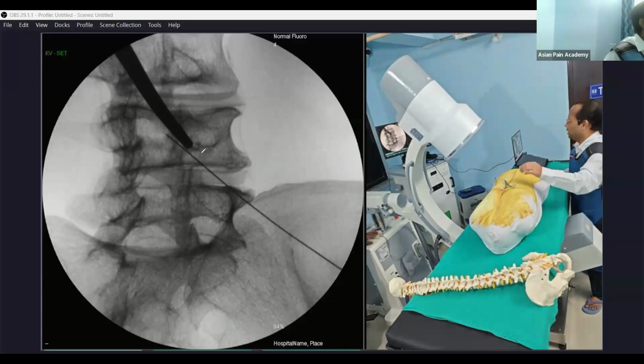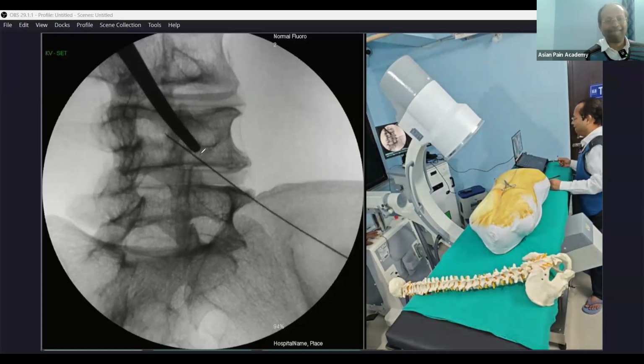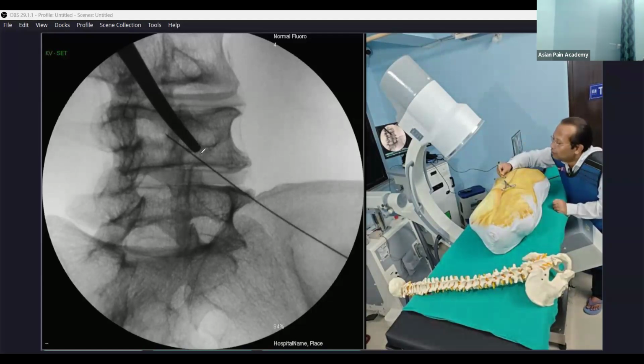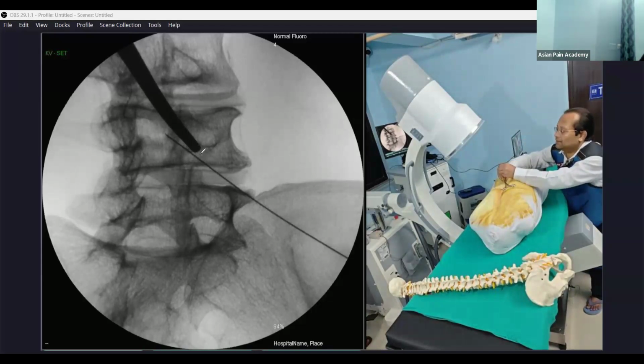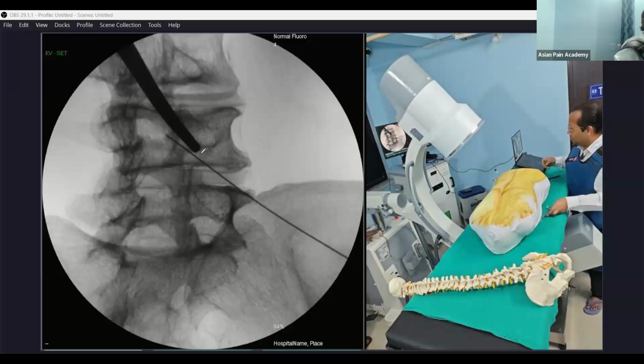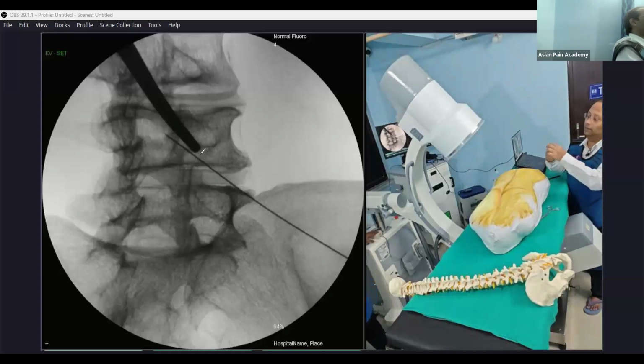So I will go here, maybe just at the tip position I will inject. Wait, the needle is bent actually.